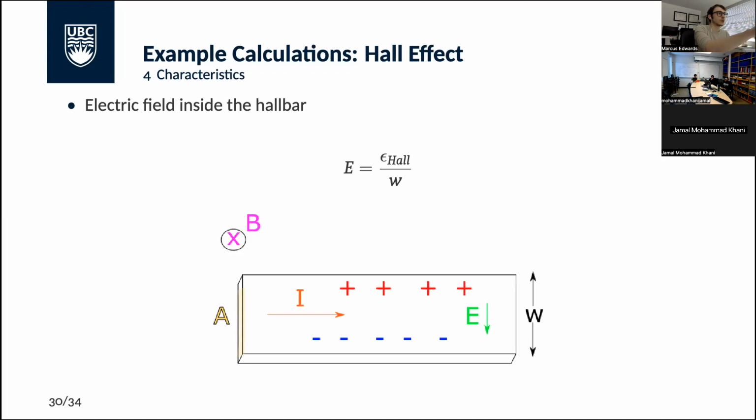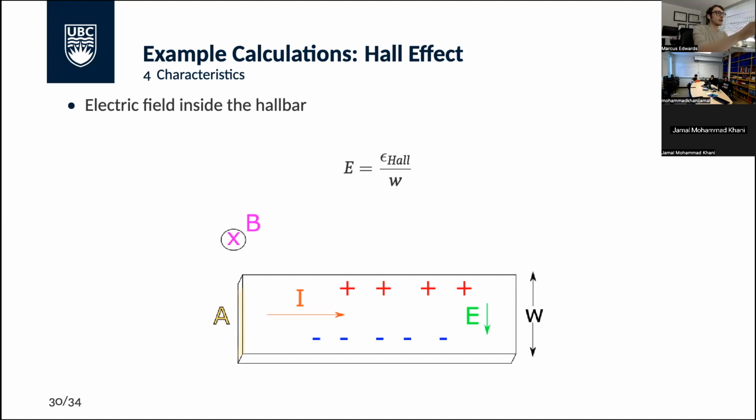What they would do in their experiment to measure the Hall effect is apply a current going across from left to right. And this would be perpendicular with the magnetic field, which in this case is going into the page.